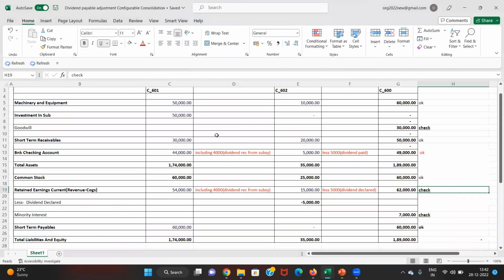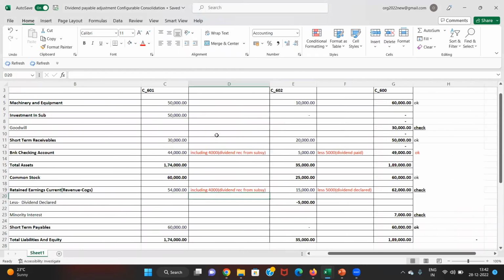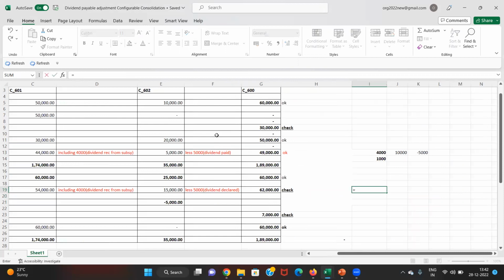We would have gotten the retained earnings of the subsidiary as 10,000, 15 minus 5, and then with the ratio of 80/20, the retained earnings would have been shared in that ratio. However, now the retained earnings getting shared among the holding and the NCI is 12,000 for the holding, which is 15,000 into 80%.